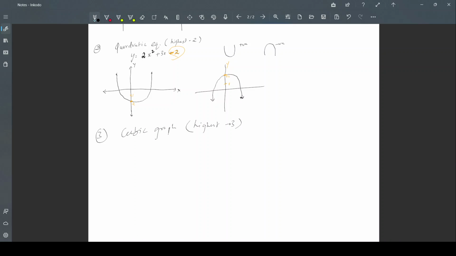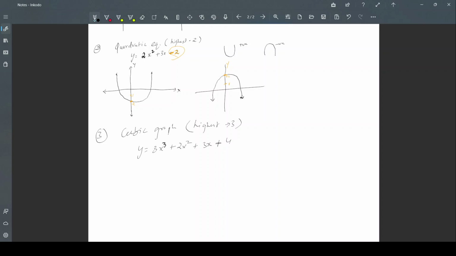And 3 in the sense that if you are writing y equals 3x cube plus 2x square plus 3x plus 4, right? This is the equation. And you can see that the highest power is 3 over here.